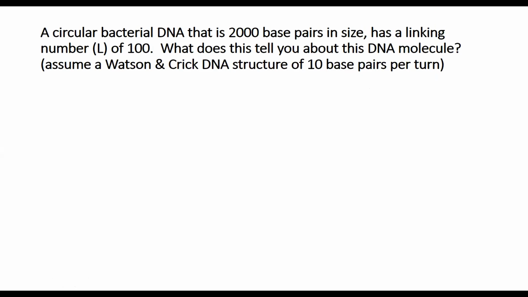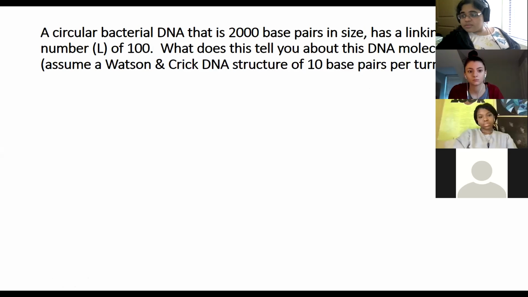What does this tell you about the DNA molecule? Assume a Watson and Crick DNA structure of 10 base pairs per turn. So what do you guys think? It's okay if you don't have any clue.